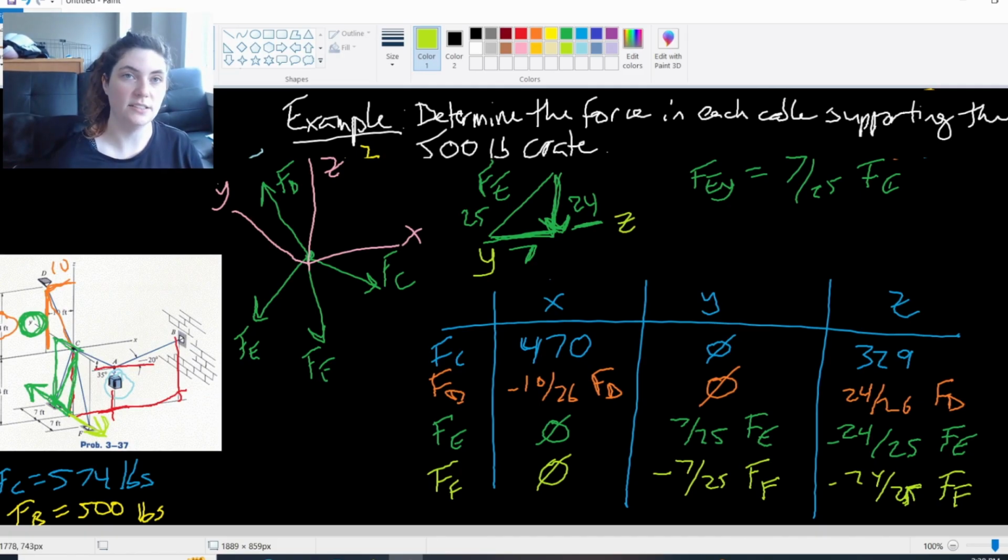So with this, I can set up all of my equilibrium equations, right? And I'm going to start with, honestly, you could start with any of them. The x or the y we could see are going to be the easiest ones to set up.